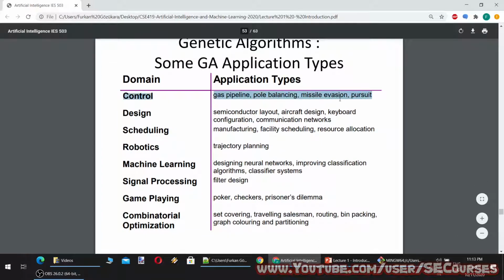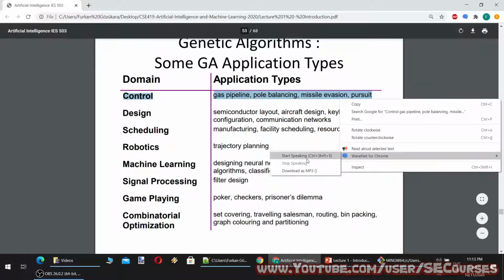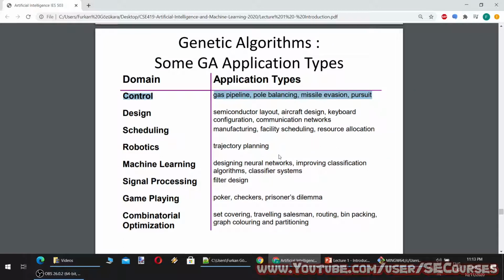Some genetic algorithm application types. Let's read them. For example, control: control gas pipeline, pole balancing, missile evasion, pursuit. In these application types, each one you control. You control a gas pipeline. What does that mean? That means you let the gas go through the pipes a certain amount.